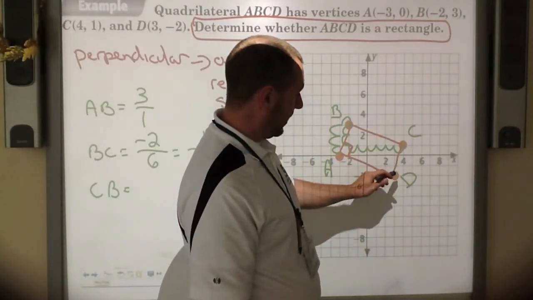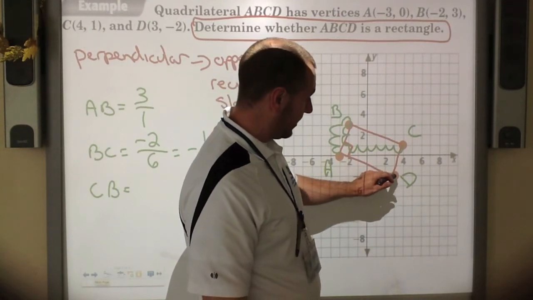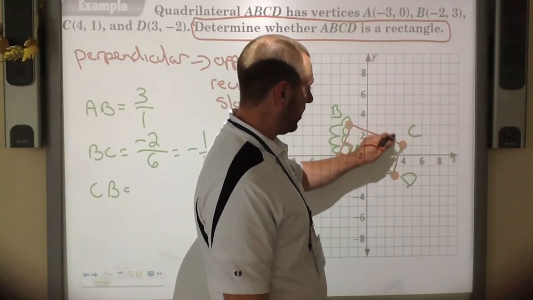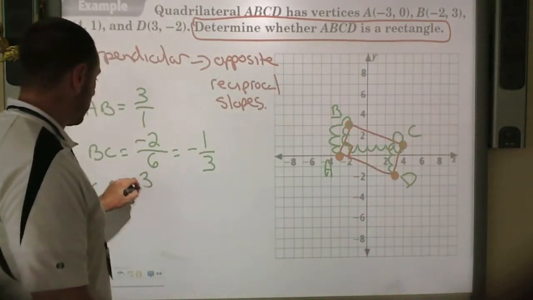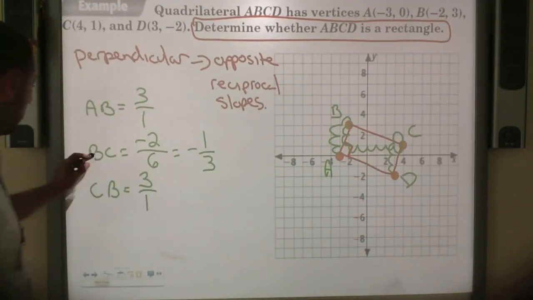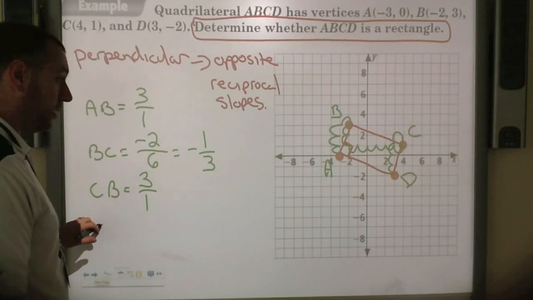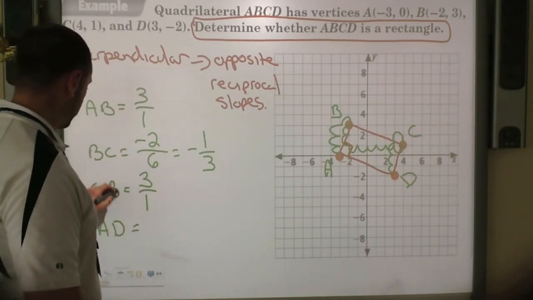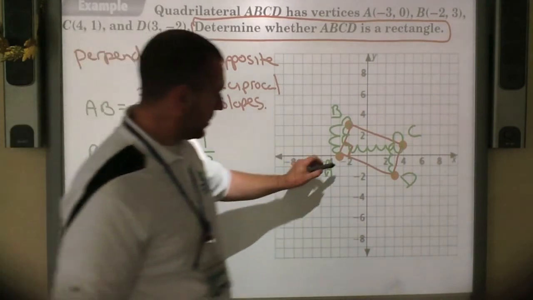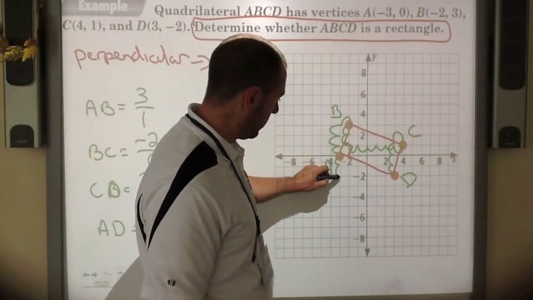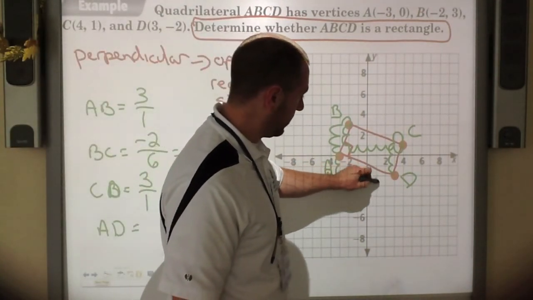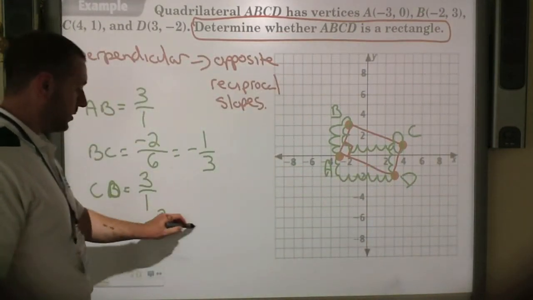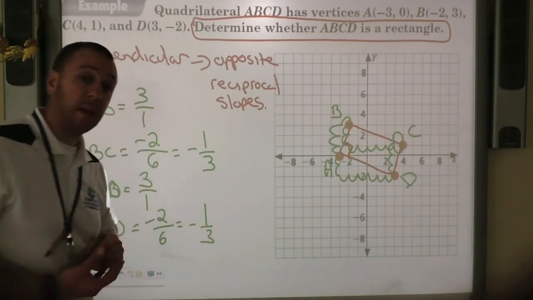Okay, C to D. Well, D is on the left-hand side from C, so I'm going to count from D. 1, 2, 3, over 1. 3 over 1. And A to D is down 2 over 6, which is also negative 1/3.